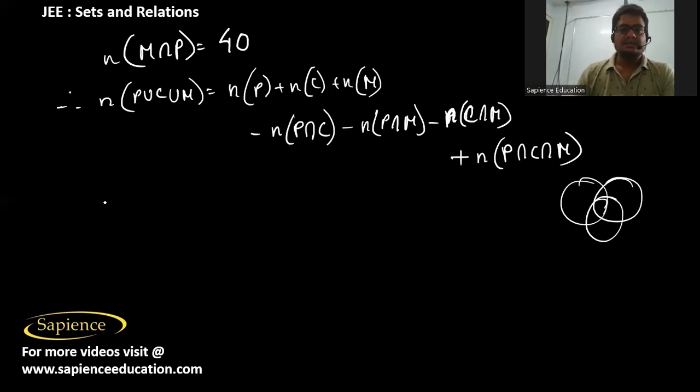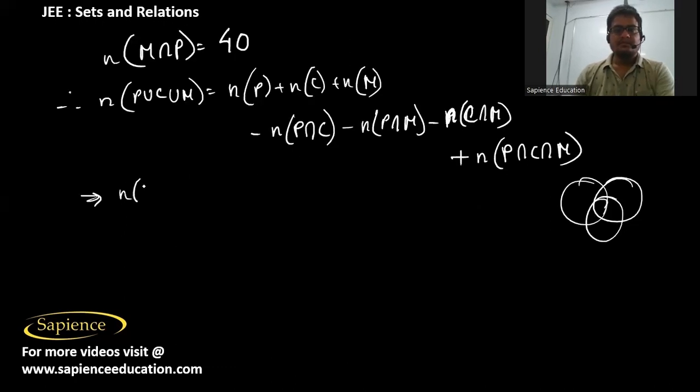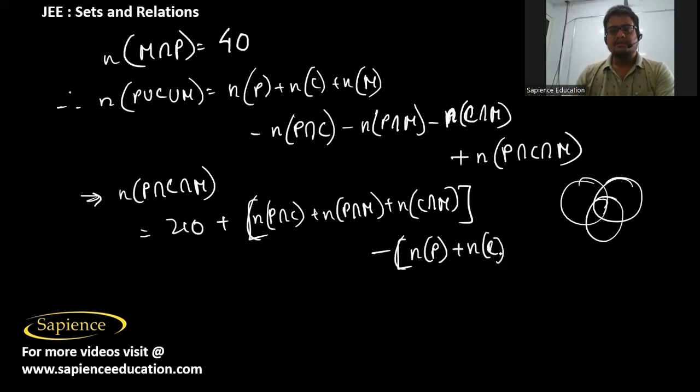So once we have to add it back. Therefore, n of P intersection C intersection M is equal to n of P union C union M, that is 210, plus n of P intersection C plus n of P intersection M plus n of C intersection M, minus n of P plus n of C plus n of M.